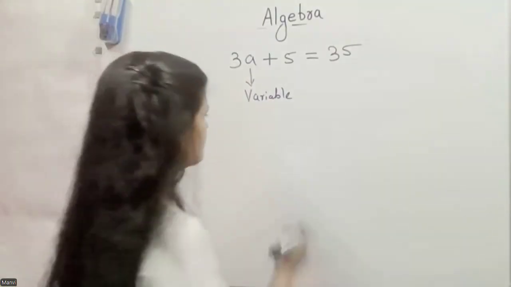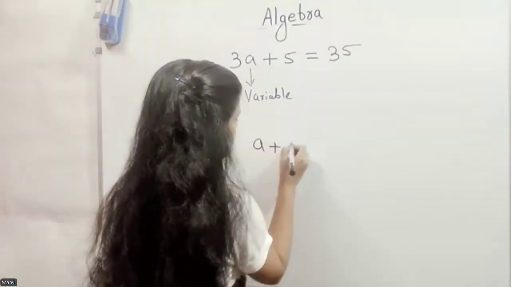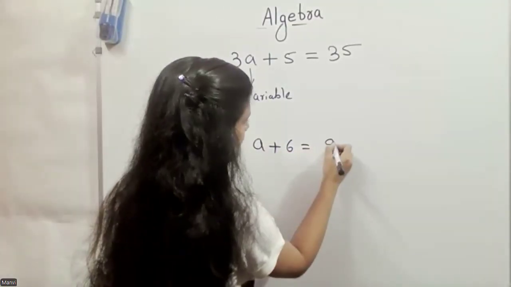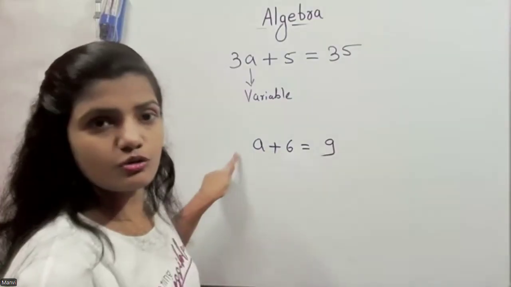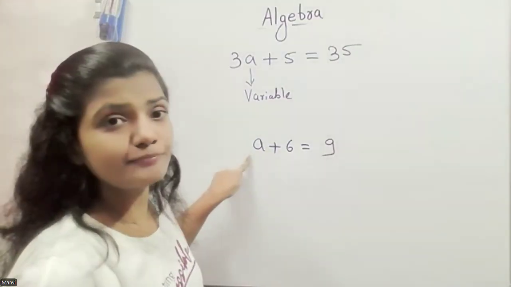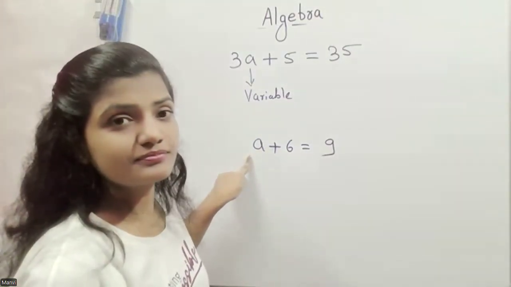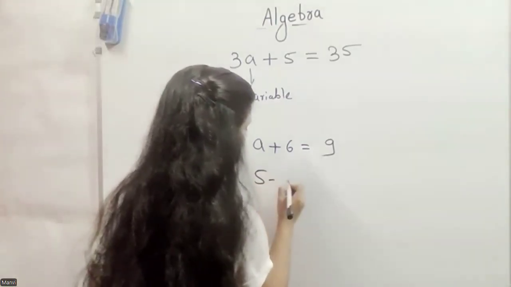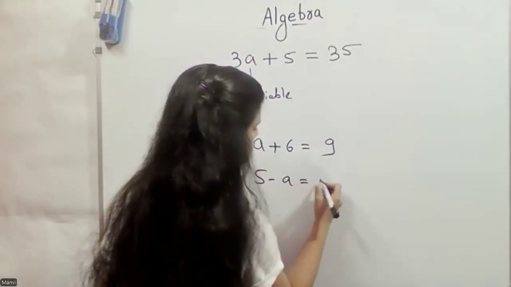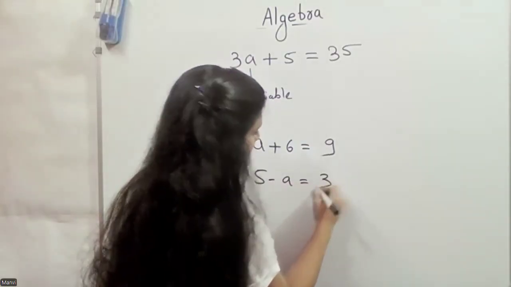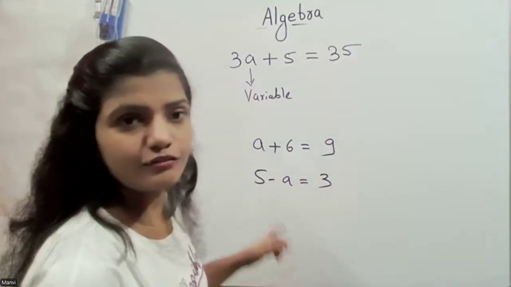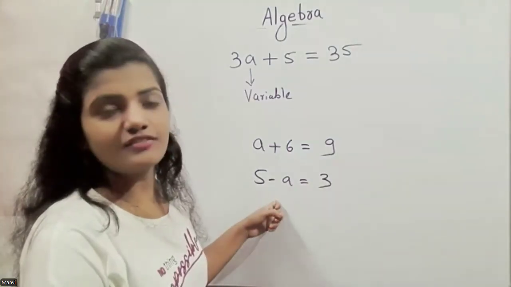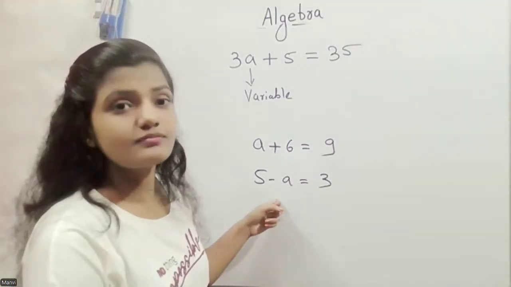For example, here we have a plus 6 equals 9. For this equation, the value of a will be 3. And for 5 minus a equals 3, the value of a will be 2.